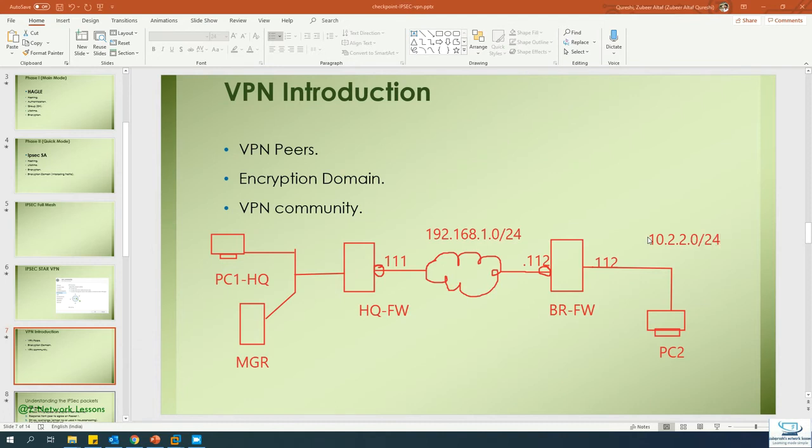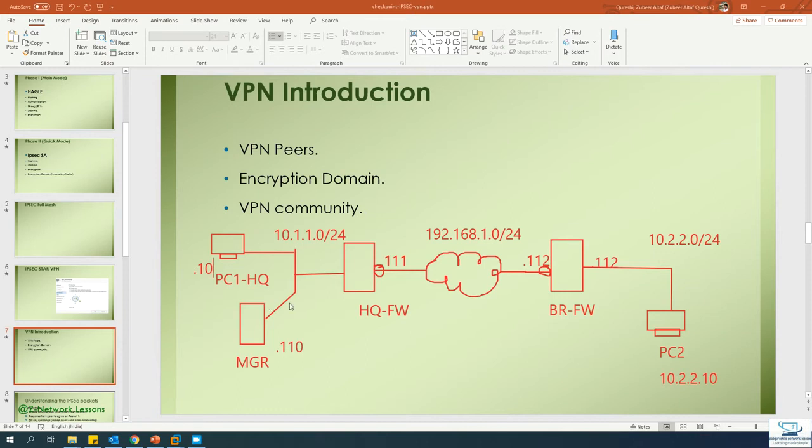This range is 10.2.2.0/24. So the inside IP of this firewall would be 10.2.2.112. Likewise, this PC here is .10, so the whole IP would be 10.2.2.10. And this side is 10.1.1.0/24, and this one is .1 and this is .10.